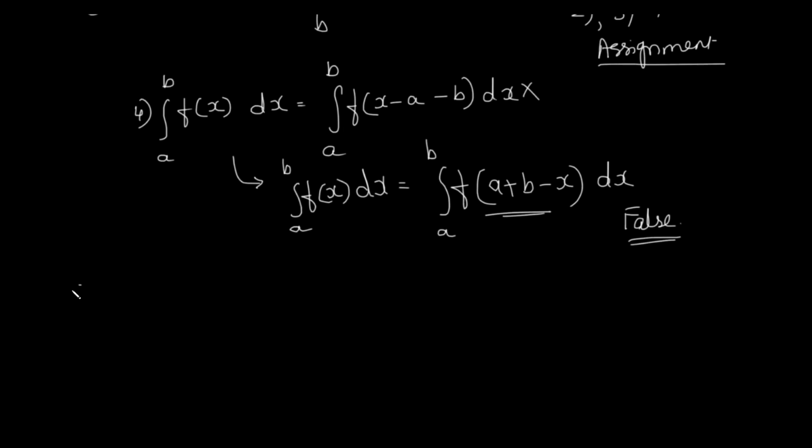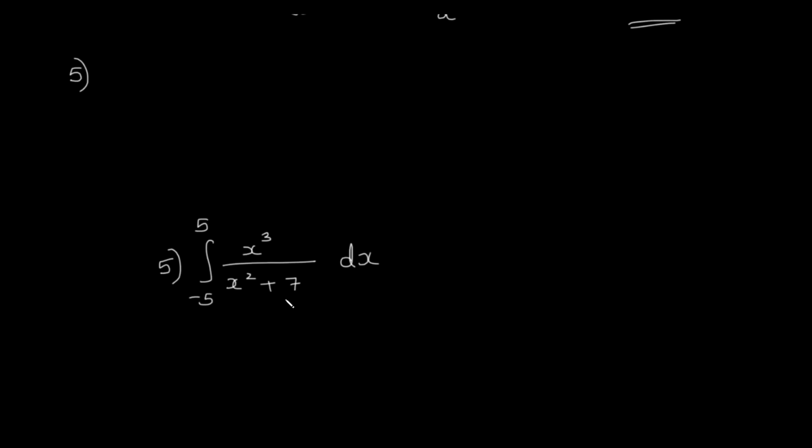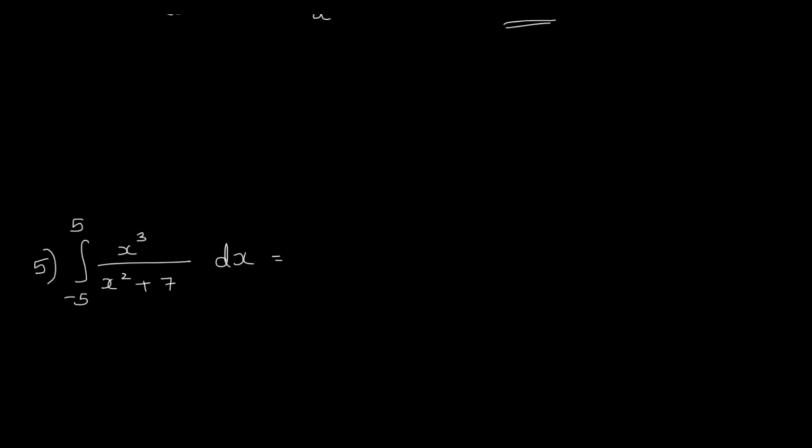Then moving on to the fifth question. I have written the sum here already for you. Let me explain first of all how to do that sum. In this case, you observe that the limit of integration is minus 5 to 5.